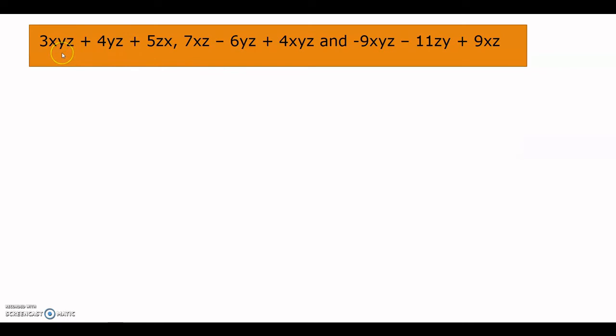It is very important that you know how to determine the trinomials or the polynomials. Here it is separated by comma. So meaning this is another set of polynomials.